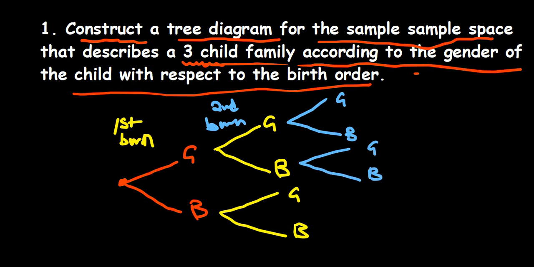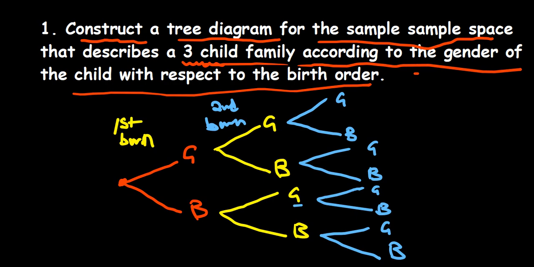And this one here, a girl as the second born, can go on and have a girl again, or a boy. And then from the second child who was a boy, you can also go on and have a girl or another boy.